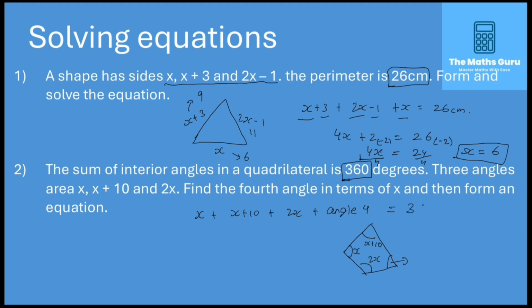If we were to rearrange this equation to get it in terms of angle 4, we can minus everything from this side. So angle 4 is equal to 360 minus x minus x minus 10 minus 2x, and that is an equation formed.